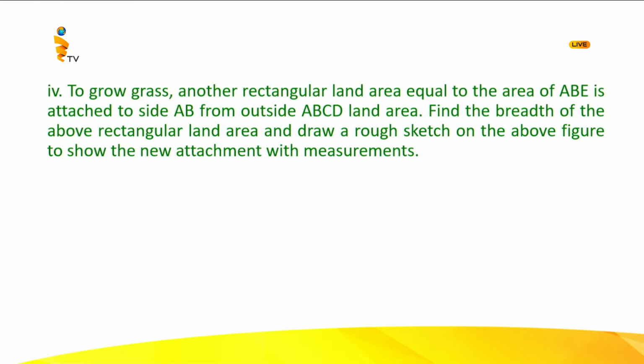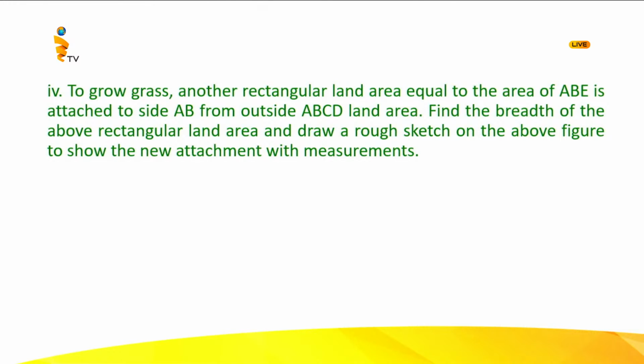Now the next part is to grow grass. Another rectangular land area equal to the area of ABE is attached to side AB from outside the ABCD land area. Find the breadth of the above rectangular land area and draw a rough sketch on the above figure to show the new attachment with measurements.